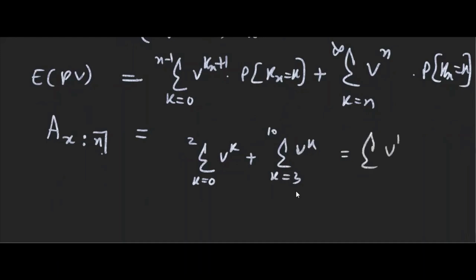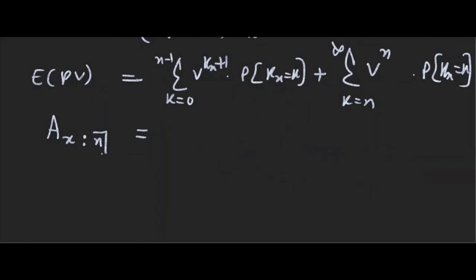You can write one term only, v^k, k from 0 to 10, right? So here up to 2, here 3 to 10. But here you can't add the two terms. In endowment you don't get V^(Kx plus 1), you get only V power n, and this term is your term A_{x:n}. This is your term, and this is pure endowment. This expression is pure endowment.